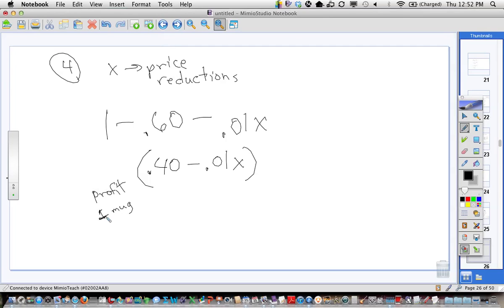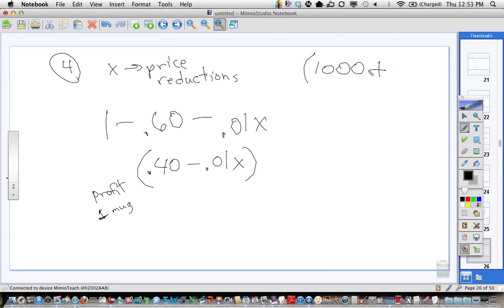All right, so then how many mugs am I going to sell? What's it say? I'm going to make 1,000 if I don't have any price reductions. But if I reduce the price, what happens? I could get more. So I could add more mugs.